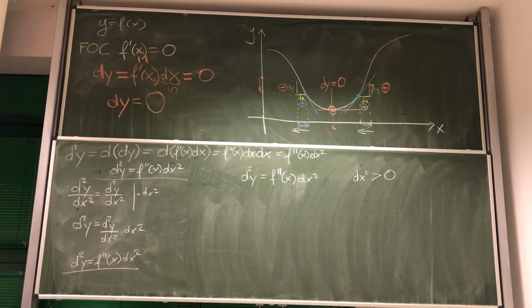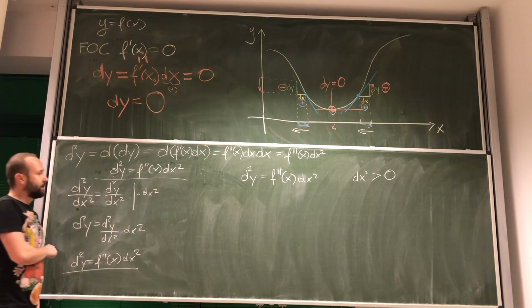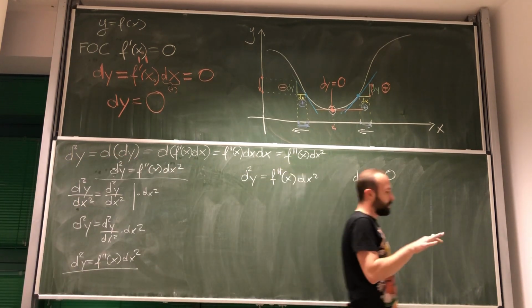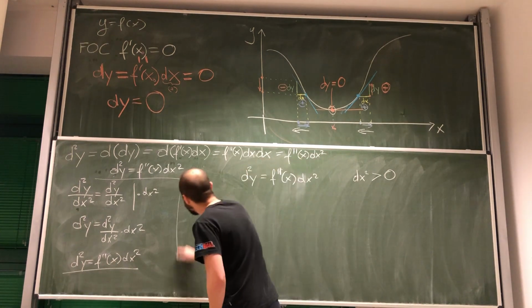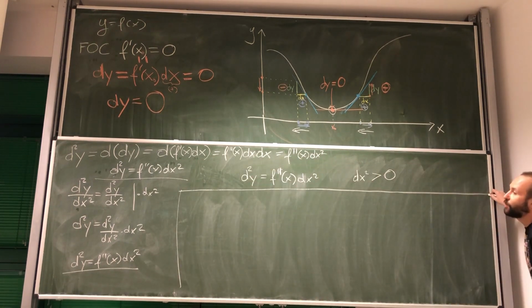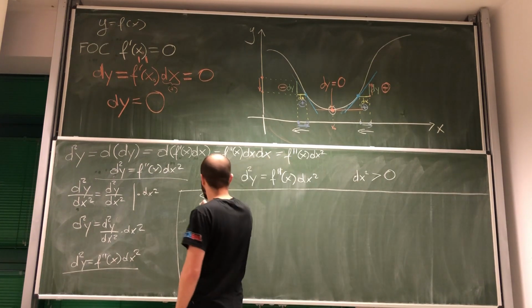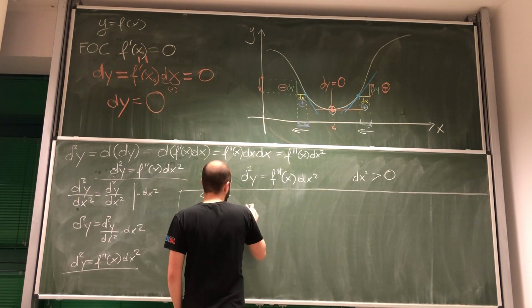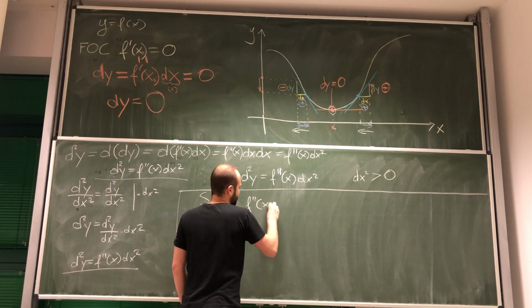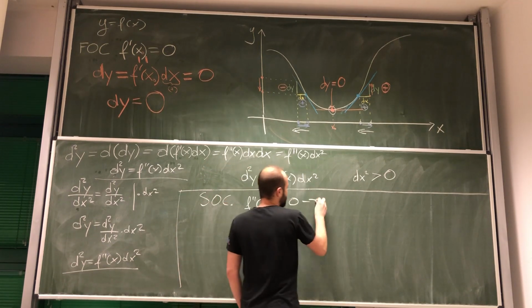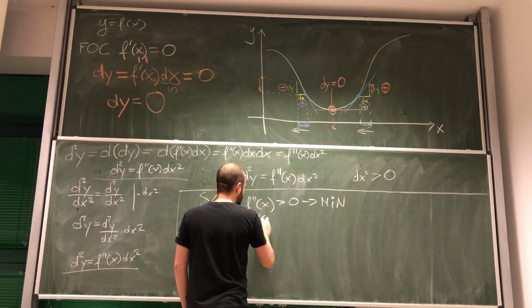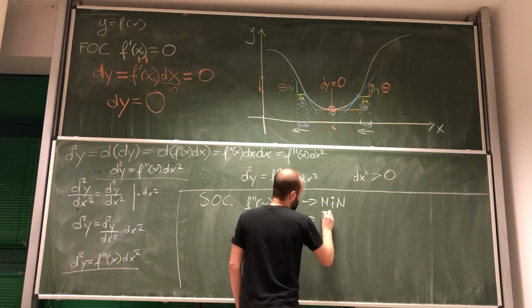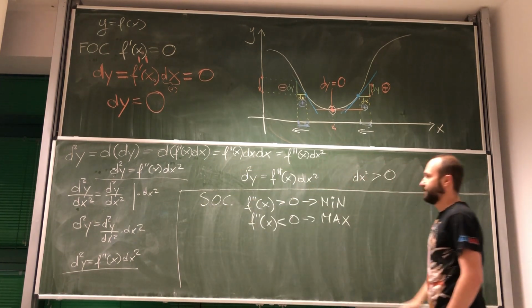Okay, so now how can we use what we've learned thus far to find second order conditions using differentials? Okay, look, again, let's start with second order conditions for derivatives. Second order condition says that if f double prime of x is bigger than 0, this must be a minimum. If f double prime of x is lower than 0, this must be a maximum.